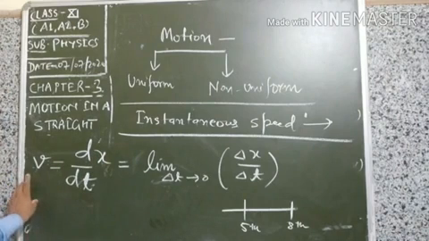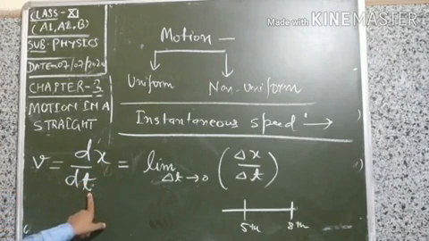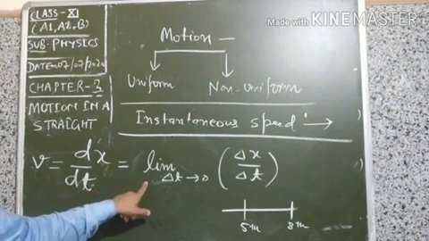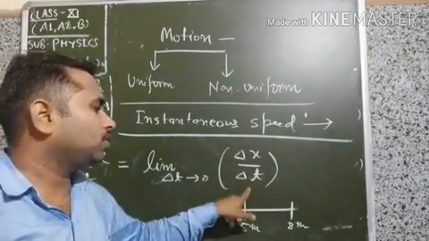See here, instantaneous speed v is equal to differentiation of distance with respect to time or limit delta t tends to 0 delta x upon delta t.